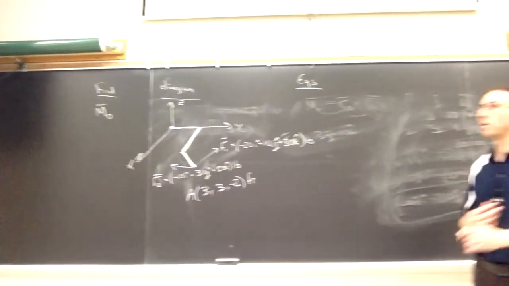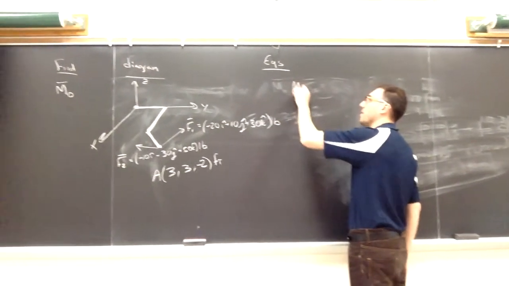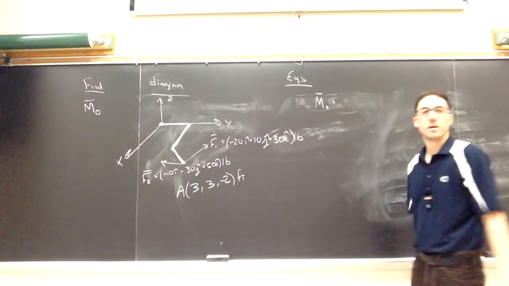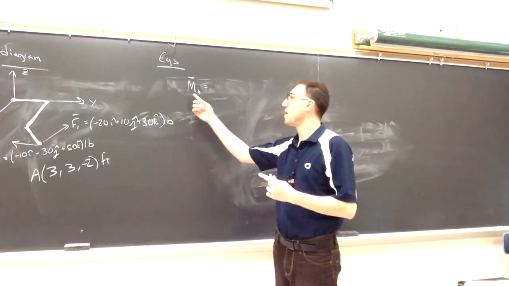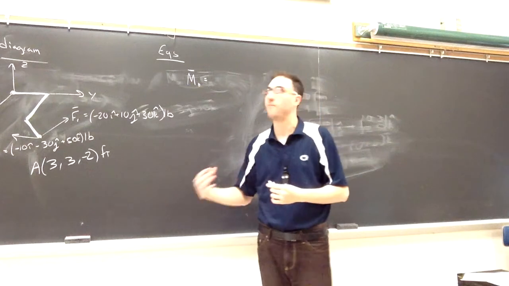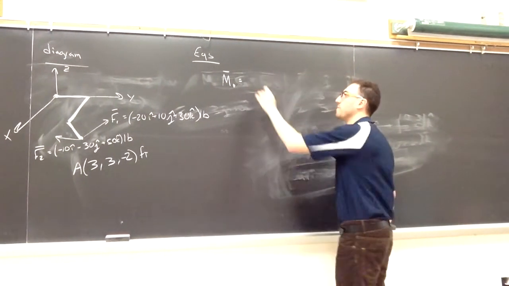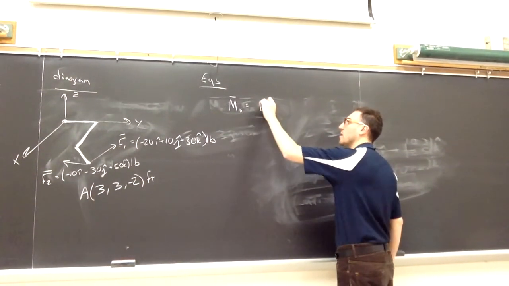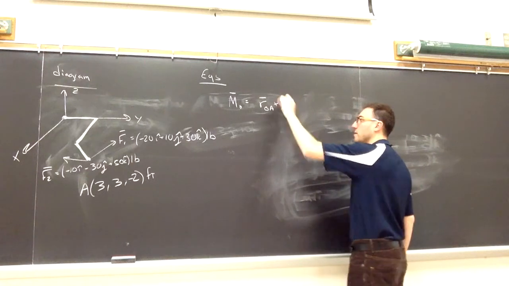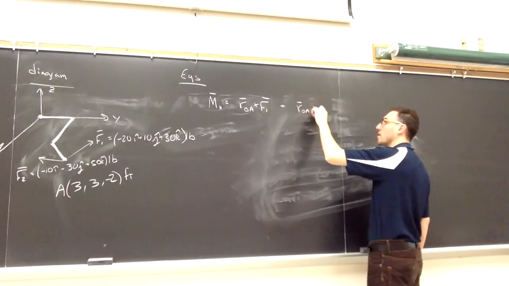Right, so that'll make it more convenient when we go to find our position vector, because our equation is going to be the same. The moment around O is now going to be the moment contribution from force F1 plus the moment contribution from force F2. So it will turn out to be ROA cross F1 plus ROA cross F2.